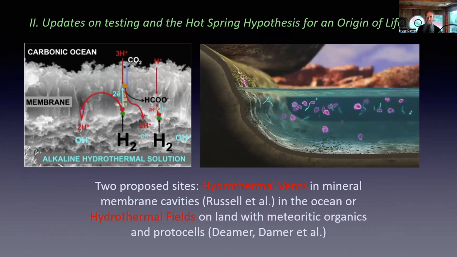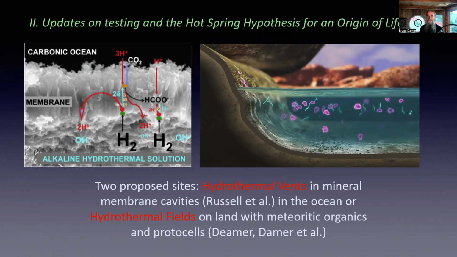And as Dave referred to earlier, there are several proposed sites for life's beginning, but the two that are getting the most work done are hydrothermal vents in mineral membrane cavities, as proposed by Mike Russell just about 30 years ago, and based on the discovery of the black smokers and white smoker hydrothermal vents in the bottom of the ocean, and hydrothermal fields, as opposed to hydrothermal vents. These are hot springs on land with meteoritic organics and protocells.